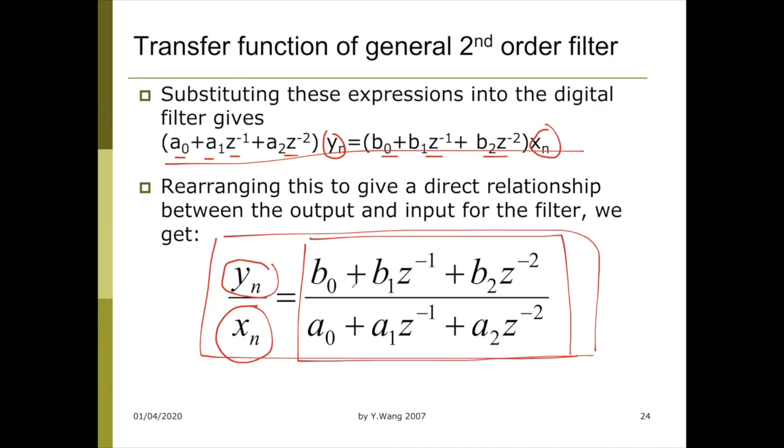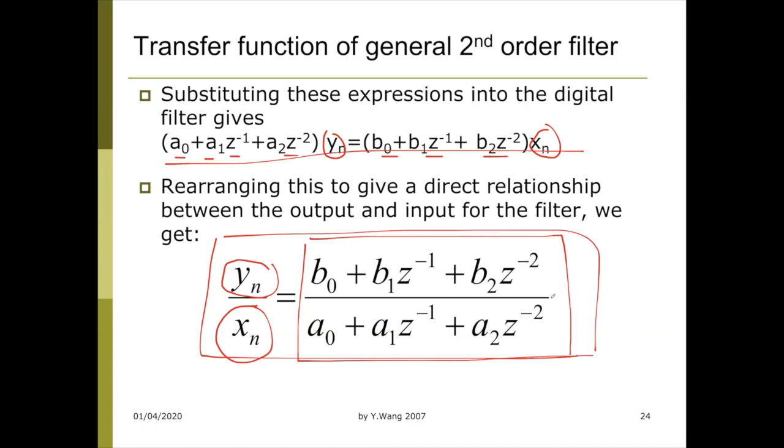The previous input and output signal information has been encoded all in Z. So we are left with a nice expression which has no input or output signal involved, and this is independent of any input or output signal. This independence is a characteristic of any digital filter.